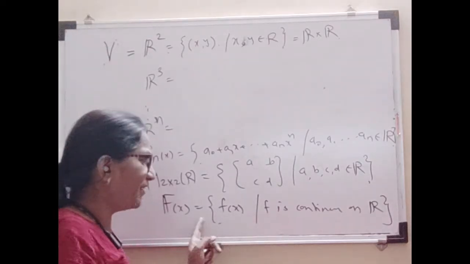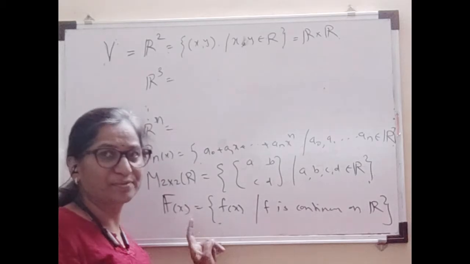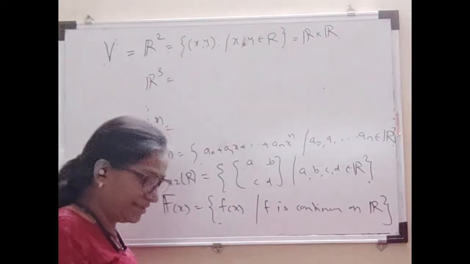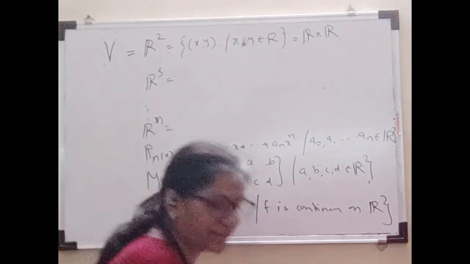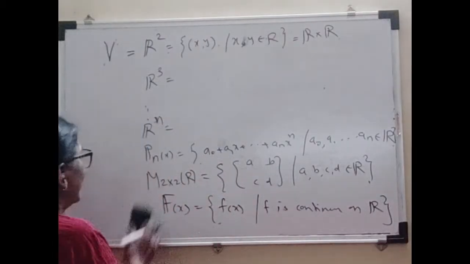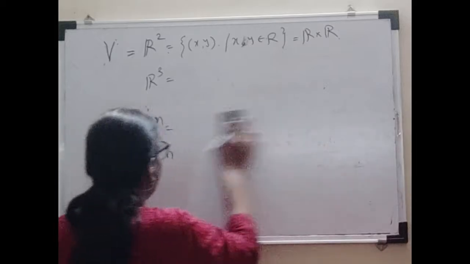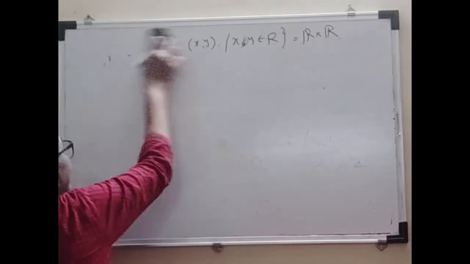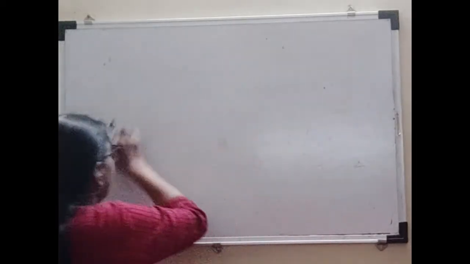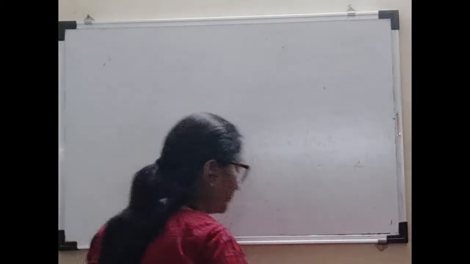In general, we may define the set of all functions too. It's nothing but a set of vectors. So that's about the set of scalars, which is nothing but a field, and the set of vectors. Now we are going to define a vector space.